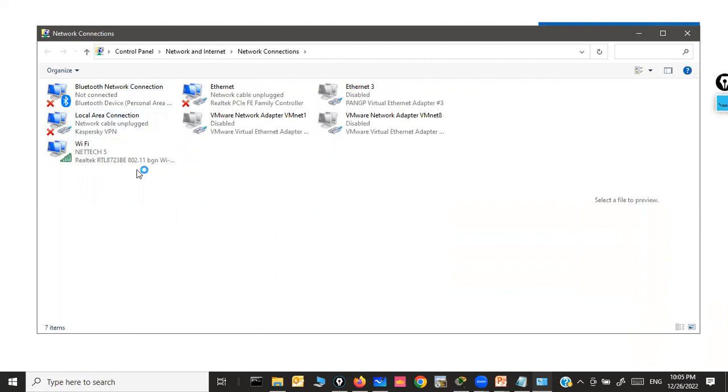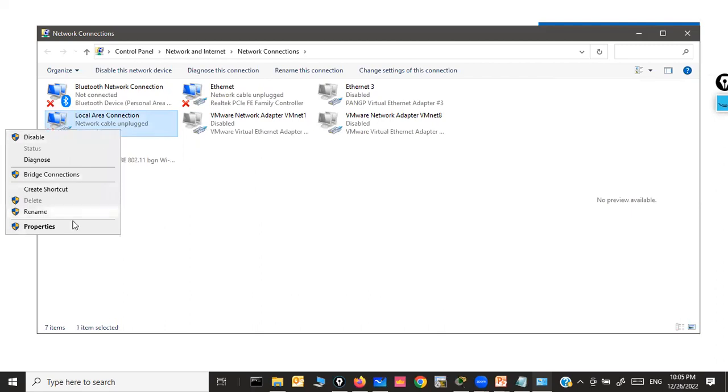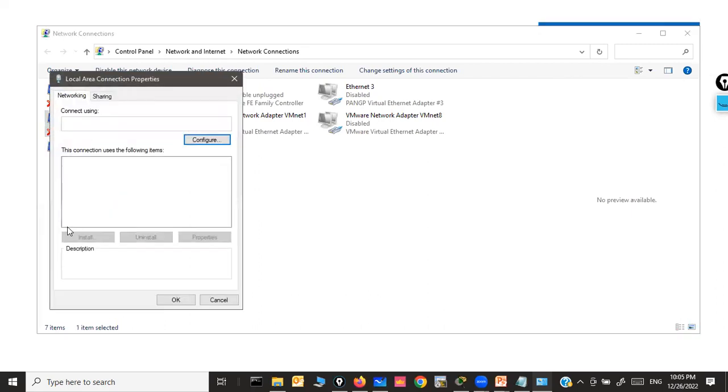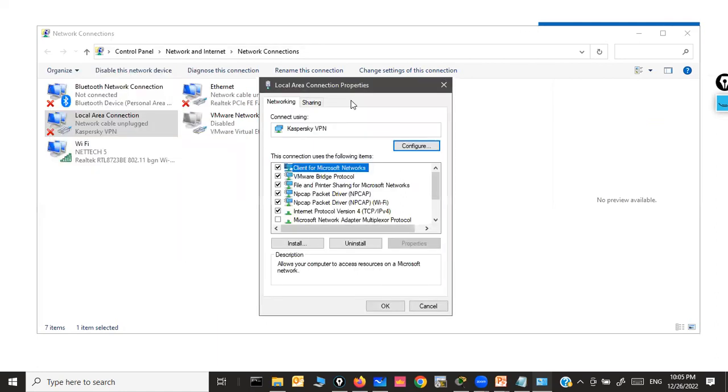Whenever we assign an IP address to, maybe, your physical adapter or Wi-Fi adapter, IP address is not the only configuration that we do.